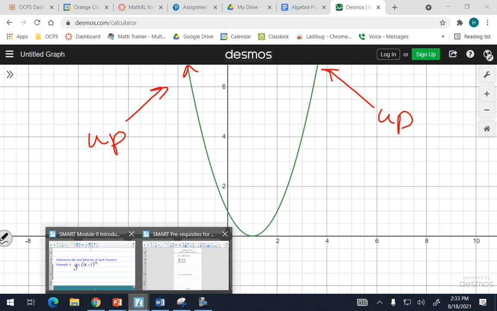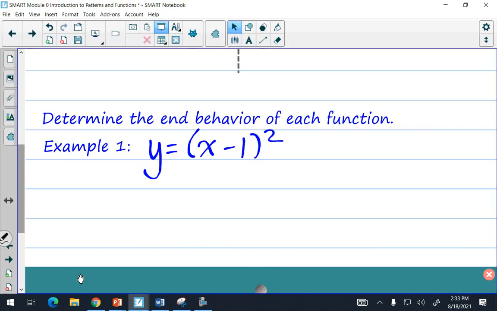Now here's how we write that using our end behavior notation. First of all, I'm going to draw a quick little sketch, and I mean a sketch. We're not being perfect here. General shape and position. This part over here is my left side.